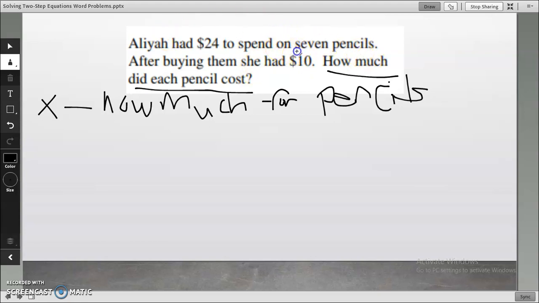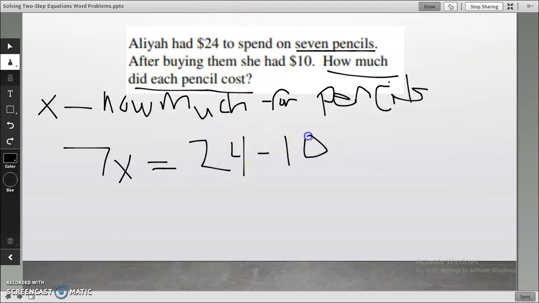So she bought 7 pencils, right? So we have 7x, right? And she had $24 to spend. Sorry, so 7x is equal to... So she had $24 and now she has $10, right?